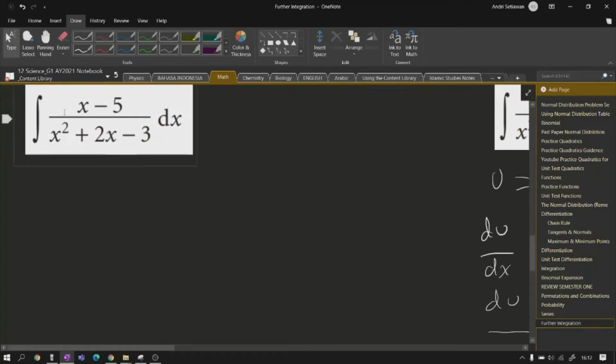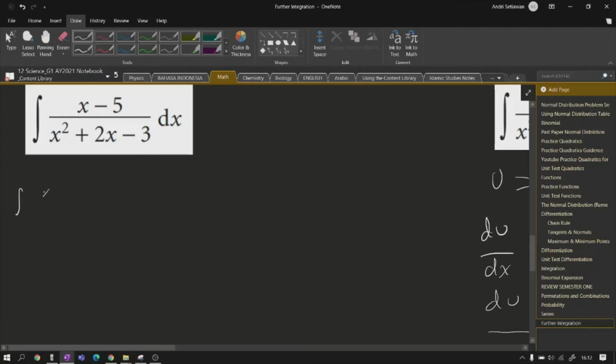Previously we tried to differentiate u to get du over dx, and we didn't get a similar term with the equation. So in this case, we need to use the partial fractions technique.